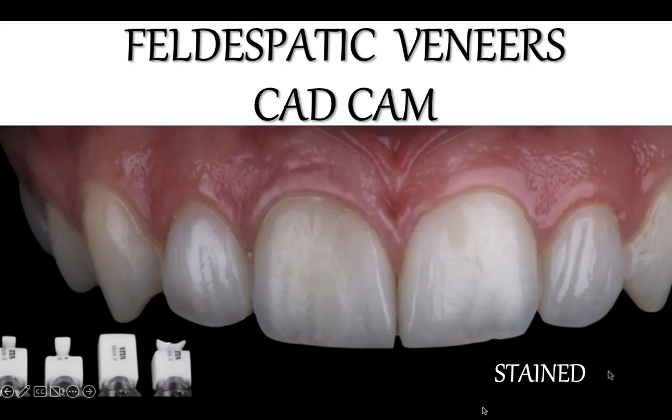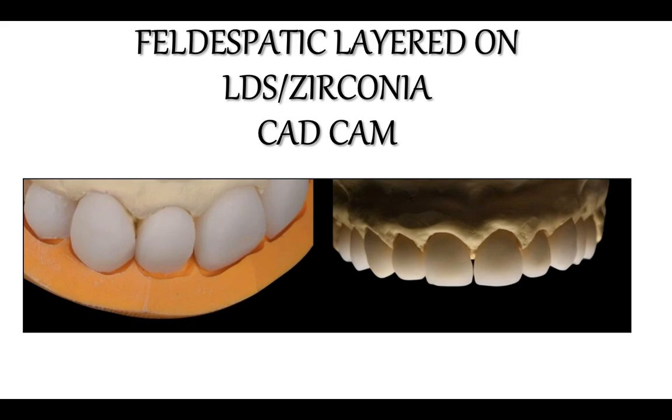This is one lab that does this, for example, and other labs can do feldspathic layered on ceramic. The base core ceramic can be zirconia, for example, or it can be lithium disilicate. And then you add feldspathic where something is missing.